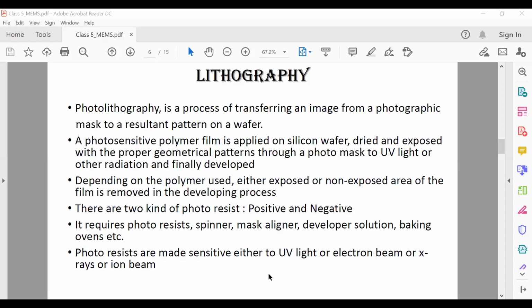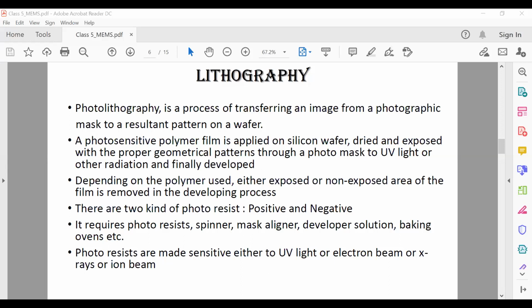UV lithography is used in most cases where MEMS-based devices or any VLSI (very large scale integration) process is involved. In very few cases we require ion beam or X-ray lithography, where we need high resolution and a very small picture size.